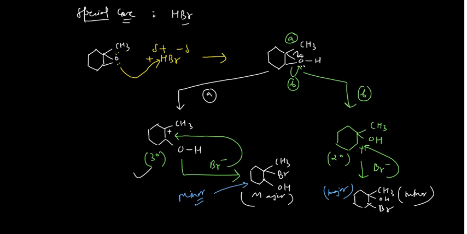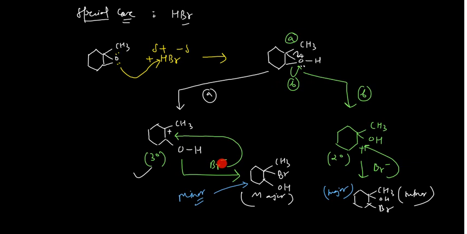See, in that case, when this intermediate is formed, this Br negative which is there actually approaches this intermediate before the formation of the carbocation, and it acts as the nucleophile.